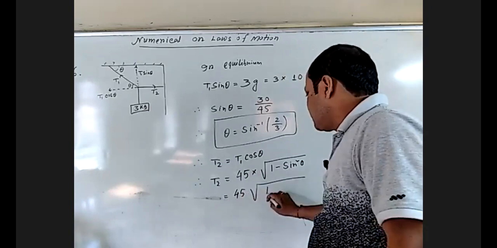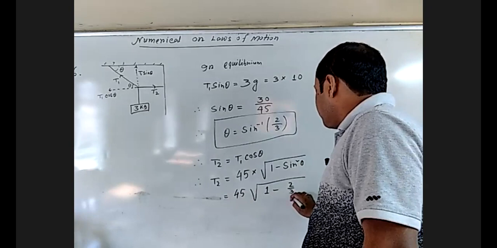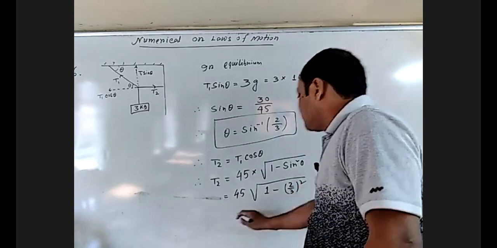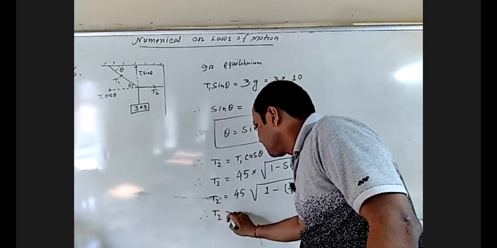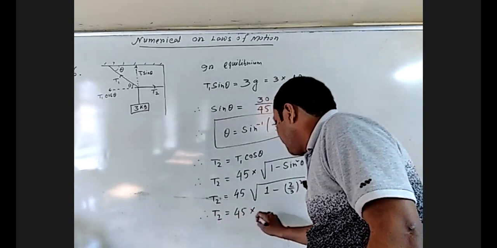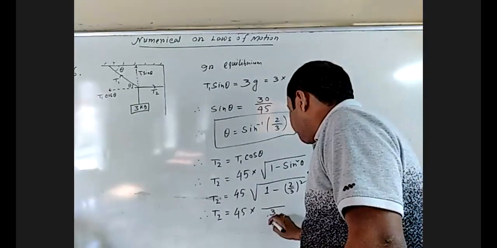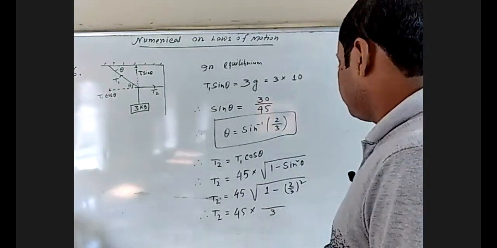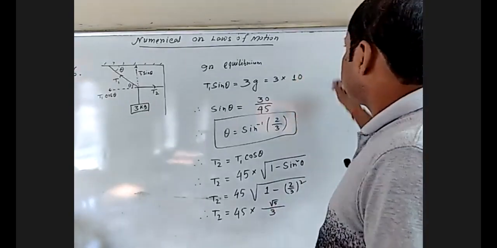So T2 equals 45 into root of 1 minus 2 by 3 squared, that is, 45 into root 5 by 3. Am I right?